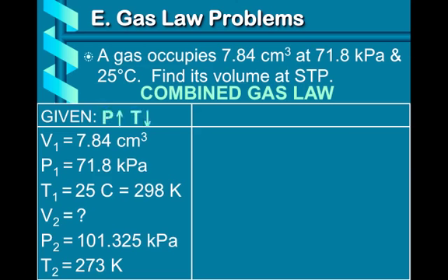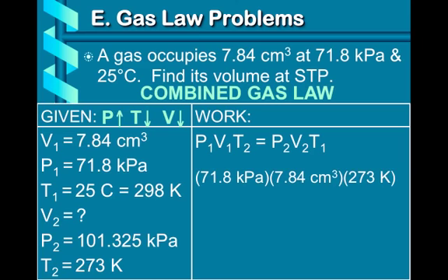This is the combined gas law, so as pressure increases and temperature decreases, we know that volume will also decrease. So let's look at our work. We start off with the P1V1 over T1 equals P2V2 over T2 equation that we need to memorize, and just plug all of this information in. So our initial pressure, our initial volume, and our final temperature all multiplied together.